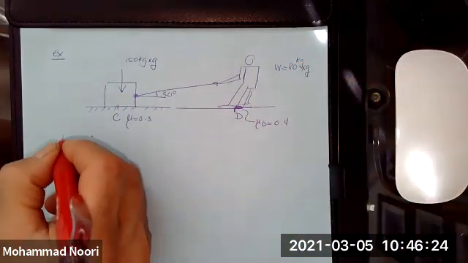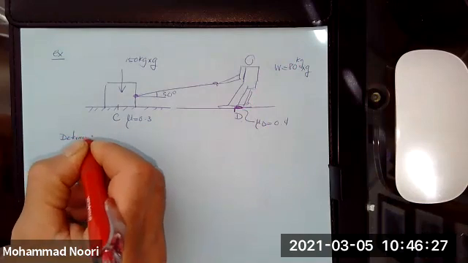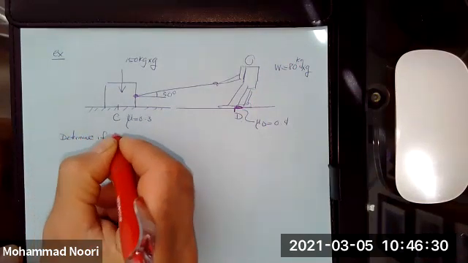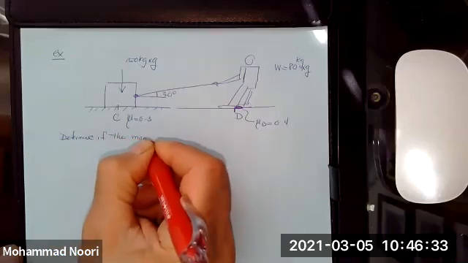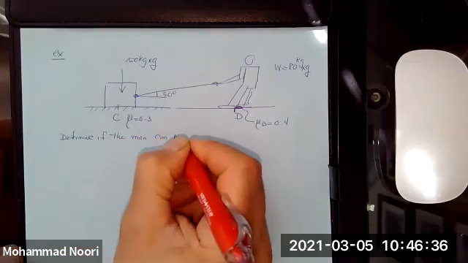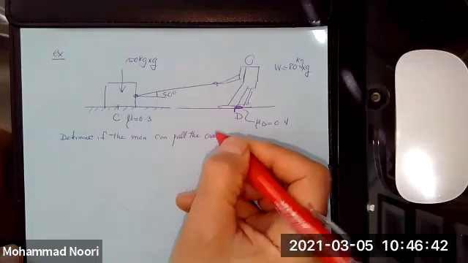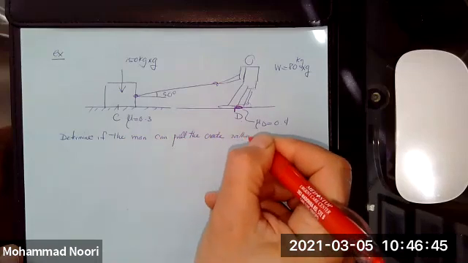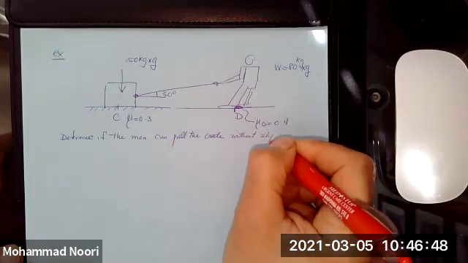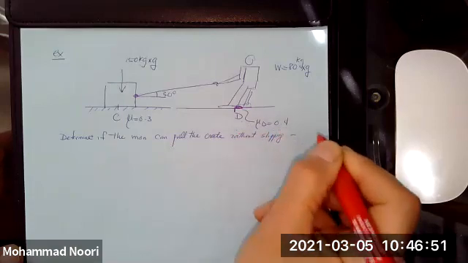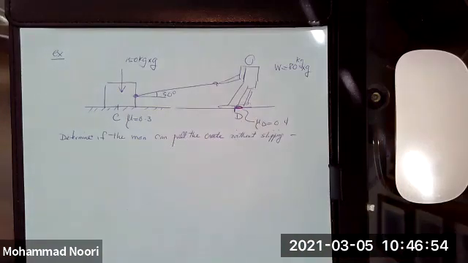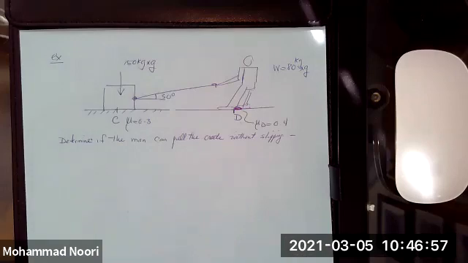The problem is asking, determine if the man can pull the crate without slipping. Again, remember, without slipping. What does that mean? That means equilibrium.